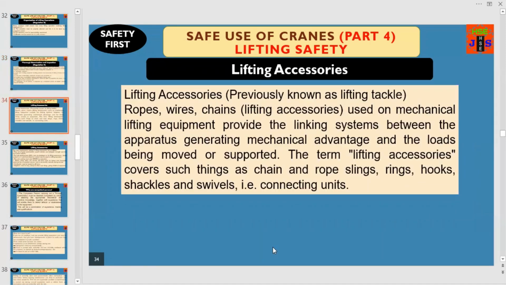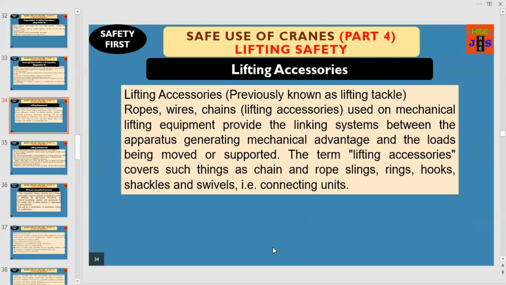Dear friends and fellows, you are well aware of what is included in the lifting accessories. Have a sharp overview. Lifting accessories, previously known as lifting tackles, include ropes, wires, chains used on mechanical lifting equipment, providing the linking system between the operators generating mechanical advantage and the loads being moved.